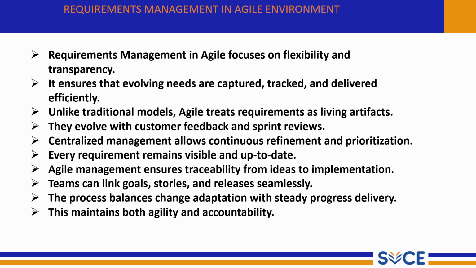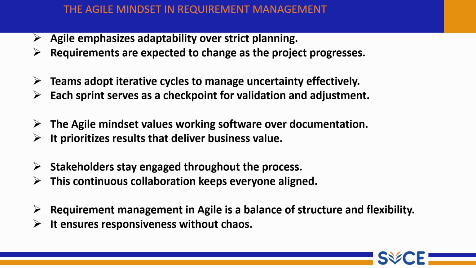It balances change with continuous delivery, meaning the team keeps improving the product while delivering working versions regularly. This maintains both agility and accountability. Even though Agile allows flexibility, it also assigns clear responsibility. Every team member knows their roles and tasks, maintaining discipline and accountability.